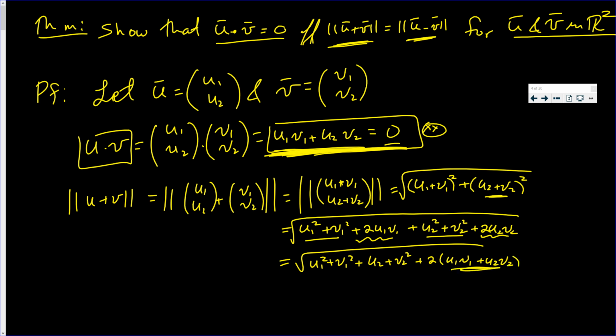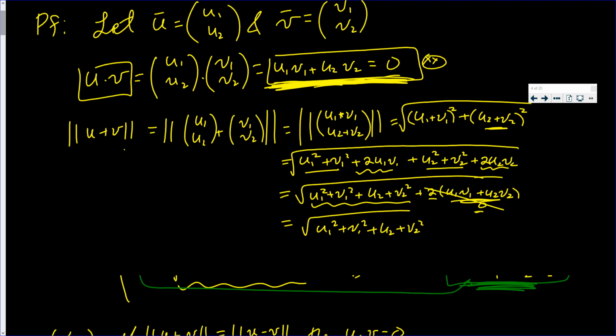But this is exactly what equals 0. So we're left with just the square root of that stuff, because 2 times 0 is 0, and adding 0 doesn't do anything. So we have the square root of u1 squared plus v1 squared plus u2 squared plus v2 squared, and that is the length of u plus v.